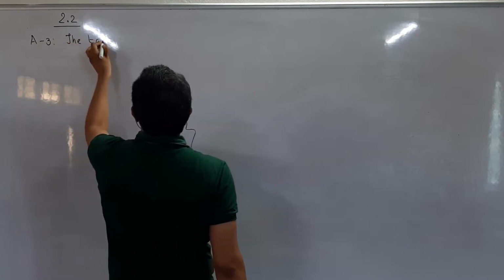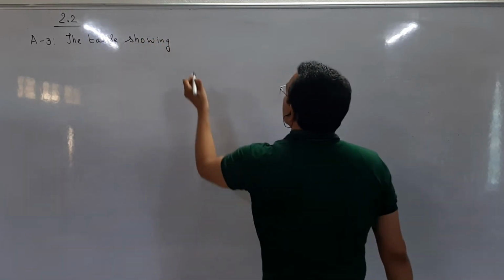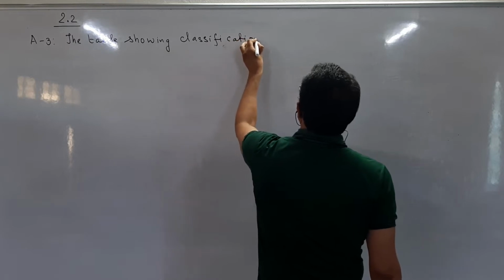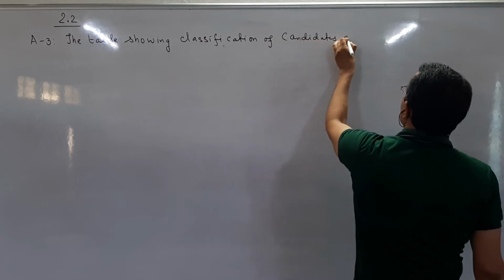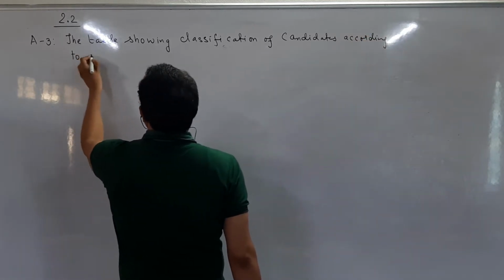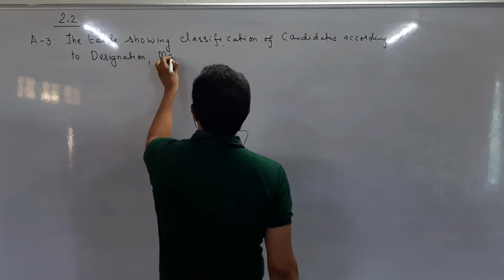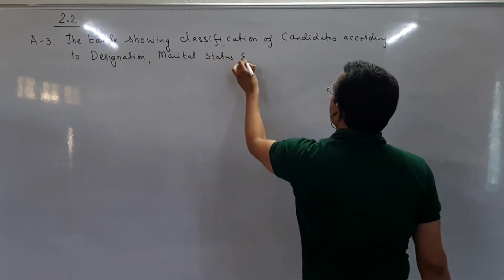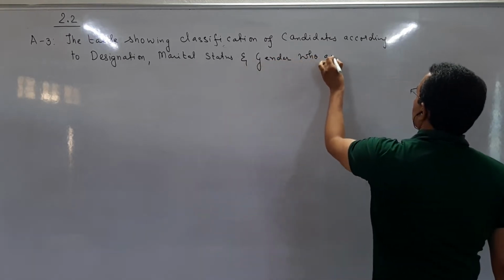The title is: the table showing classification of candidates according to designation, marital status, meaning married or unmarried, and gender, who applied for different jobs at a bank.